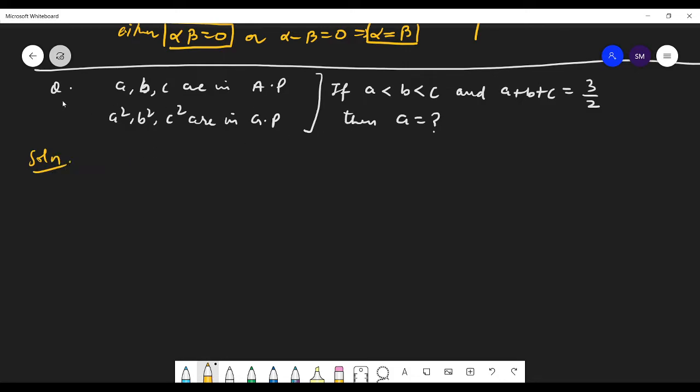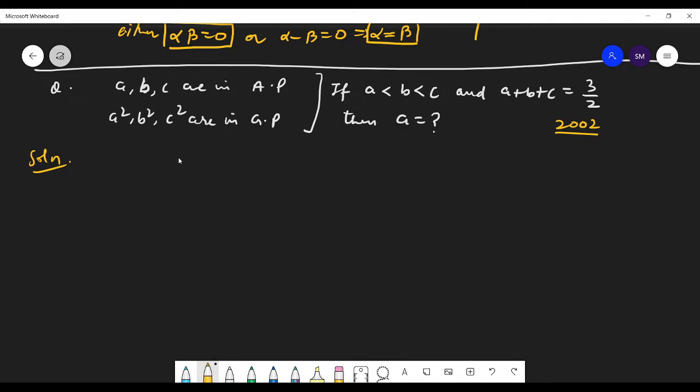Students, this question was in 2002 mains. So it was in the JEE exams 2000.